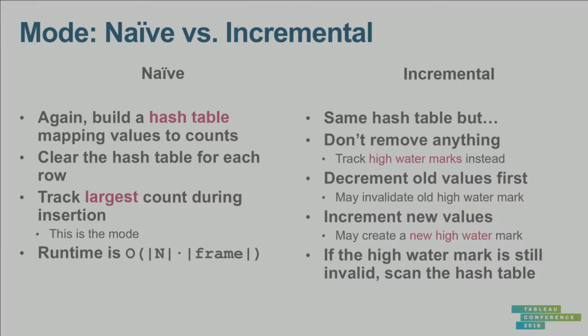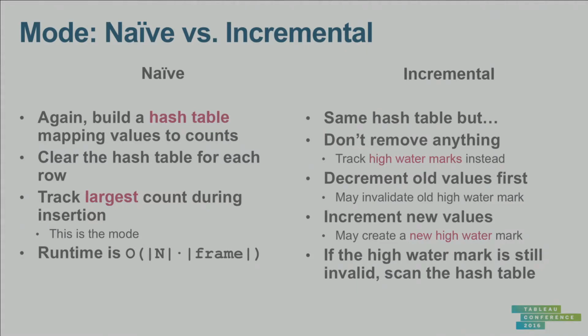Now, you can do an incremental version of this in the same way. You have the same hash table, but you don't remove things. Instead, you keep track of the current high watermark, or the count for the previous mode. And then when you move to the next frame, you first remove the old values, and that might invalidate your high watermark.